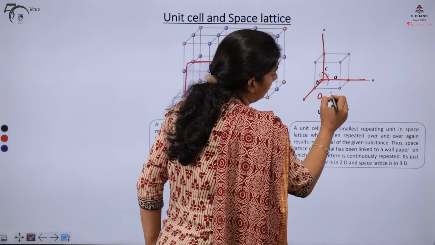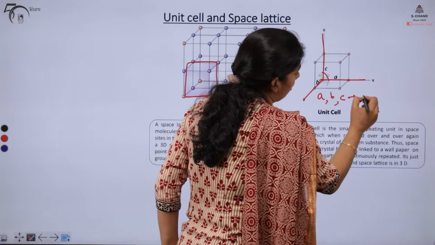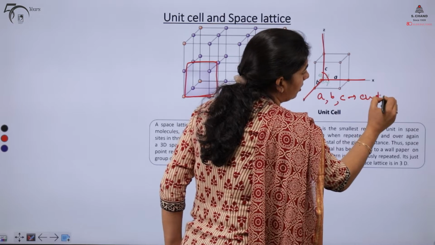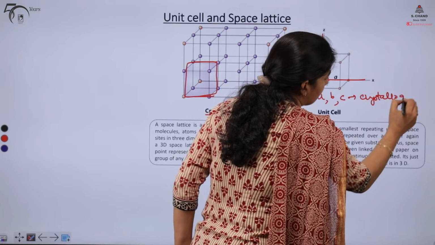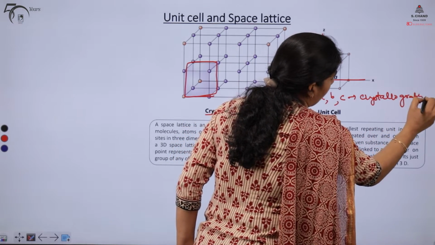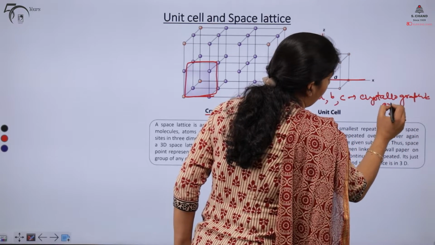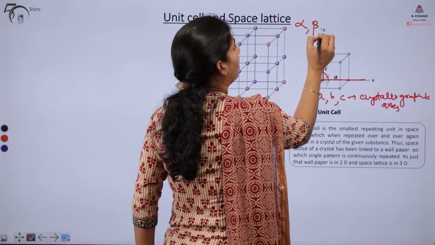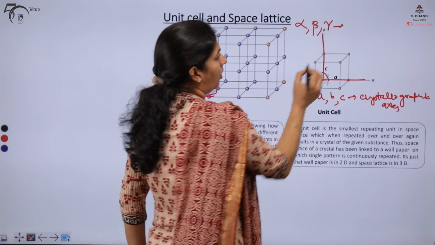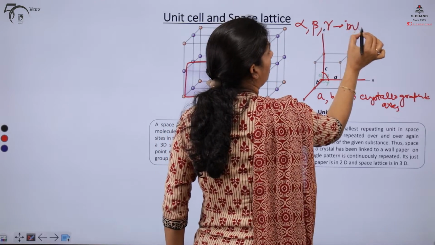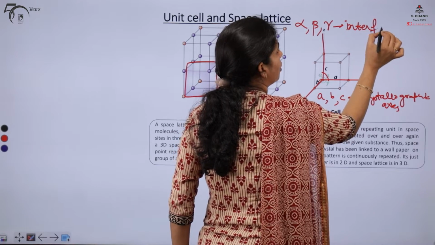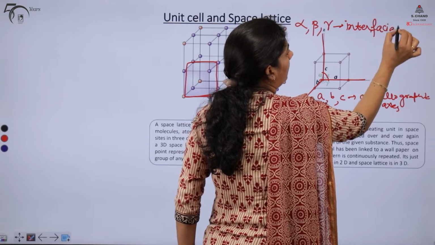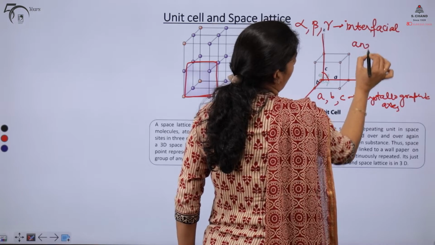So a, b and c are called crystallographic axes, and alpha, beta and gamma are called interfacial angles.